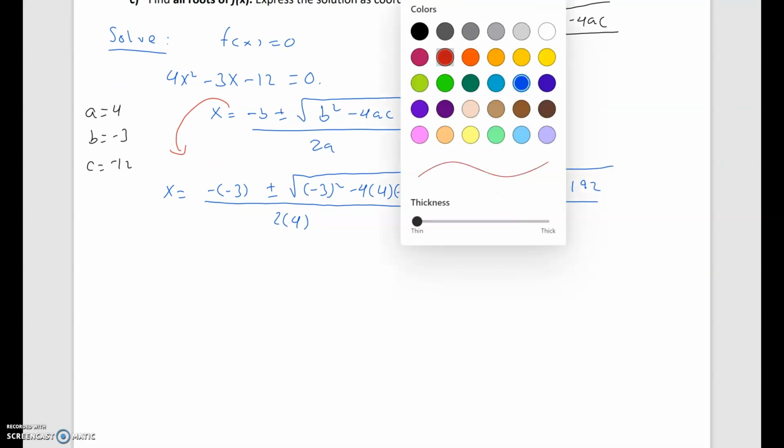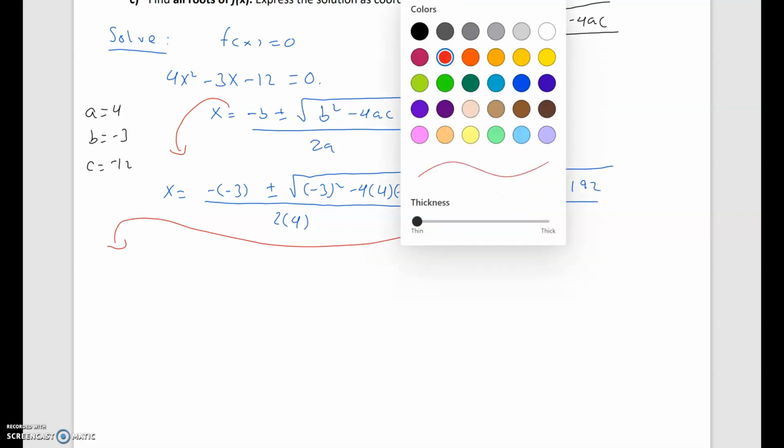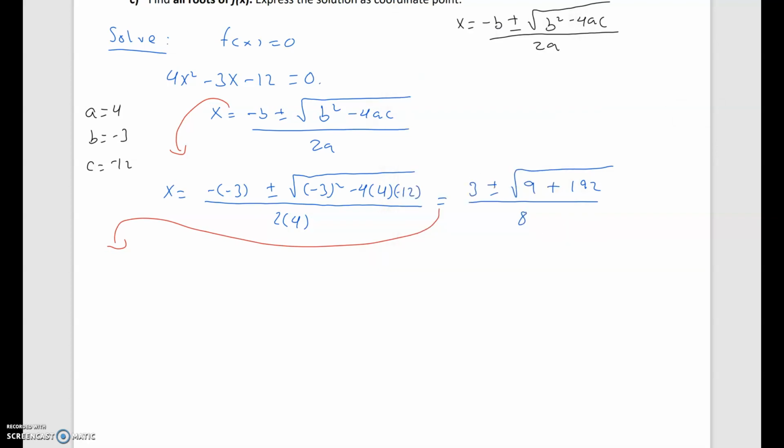So let me continue simplifying this one, since it looks like it's going to be a little bit messy. So x is equal to 3 plus or minus the square root of 201 divided by 8.